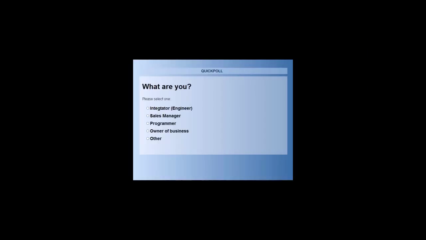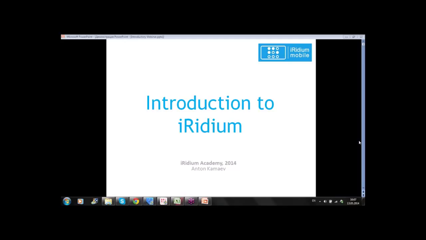Are you an integrator, engineer, sales manager, programmer, owner, or maybe a freelancer? Just specify other. We have all the specified positions, integrators, but most of you are programmers and owners of business.